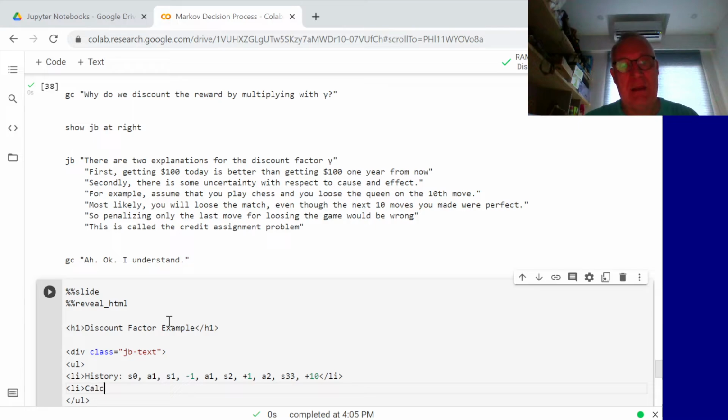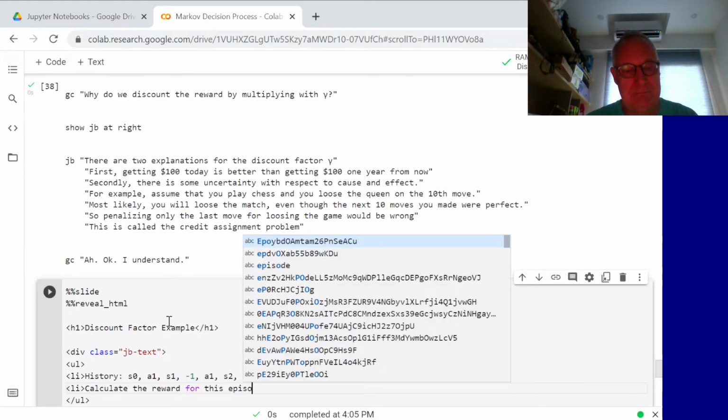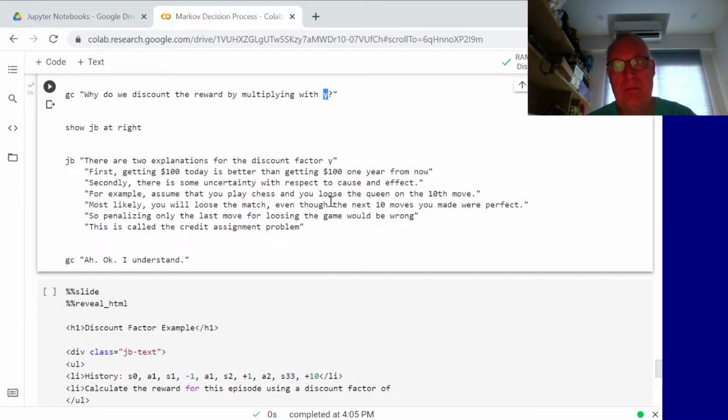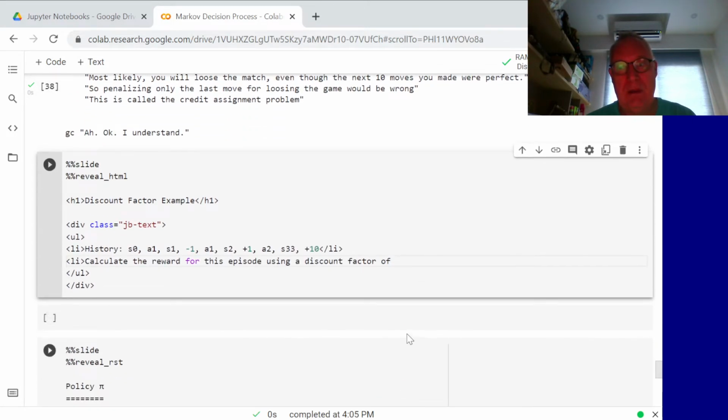So then calculate the reward for this episode using a discount factor of gamma.